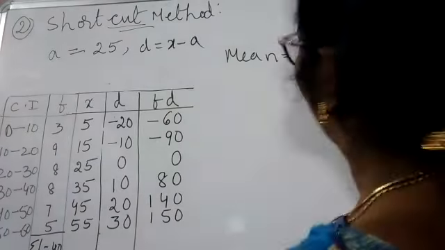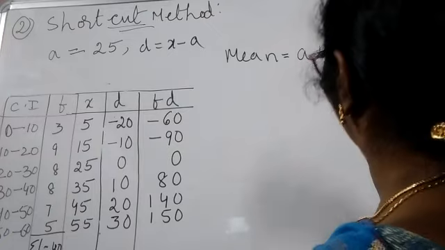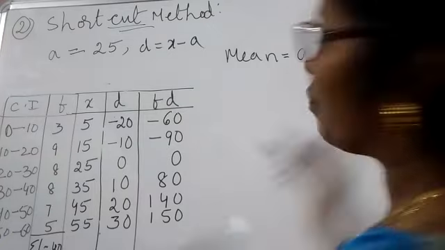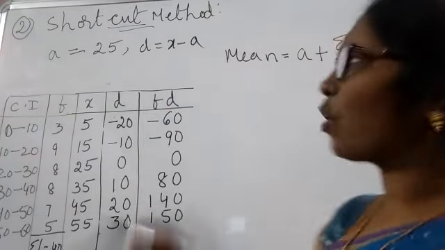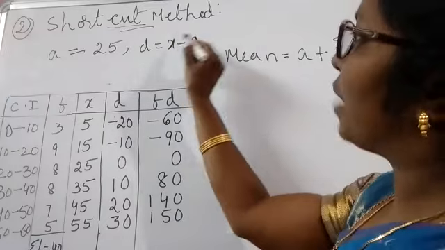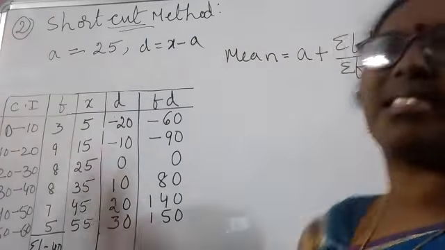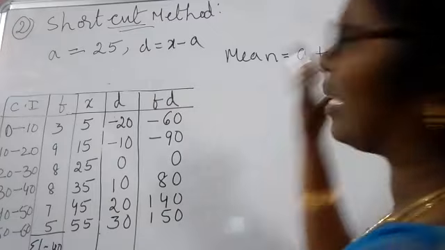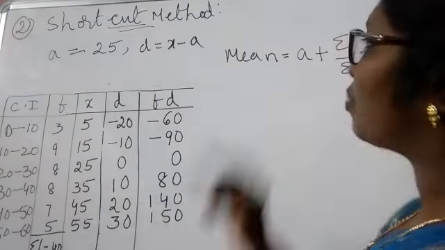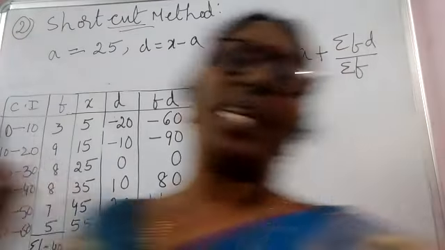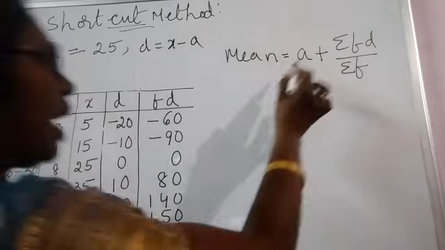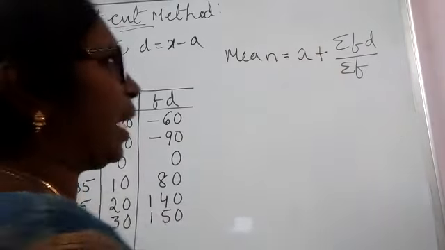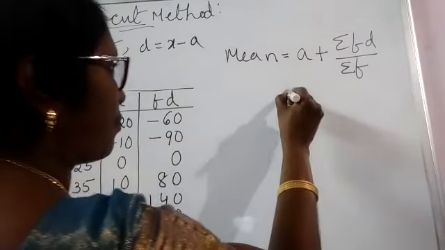But now, summation of fd by summation of f is there. To that, we have added a, because we have removed a from all these class marks. That's where that a is to be added, and the formula for finding mean by shortcut method became a plus summation of fd by summation of f.